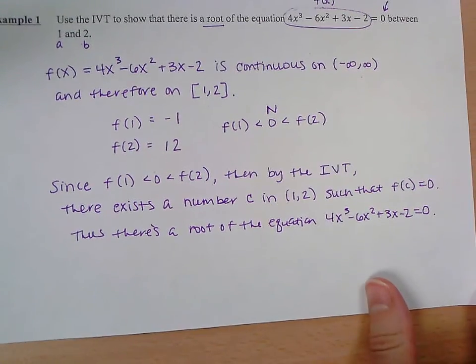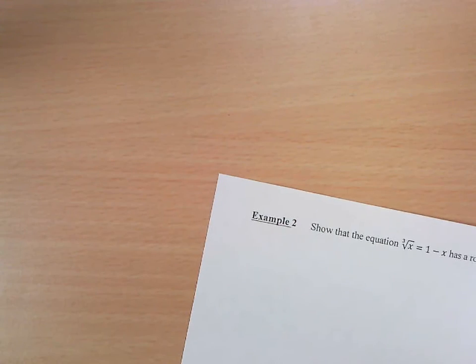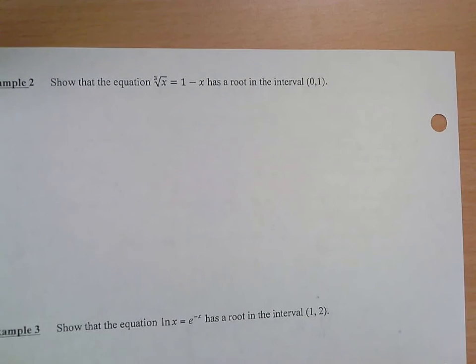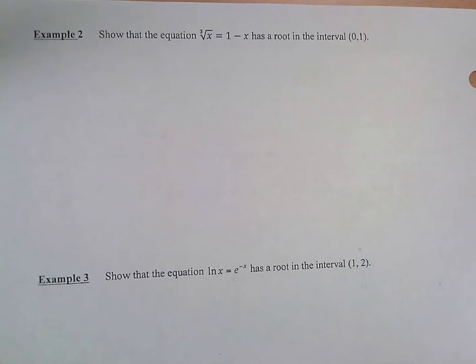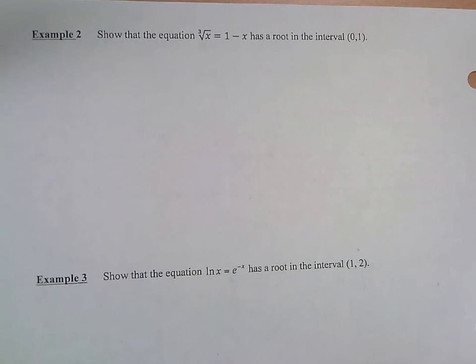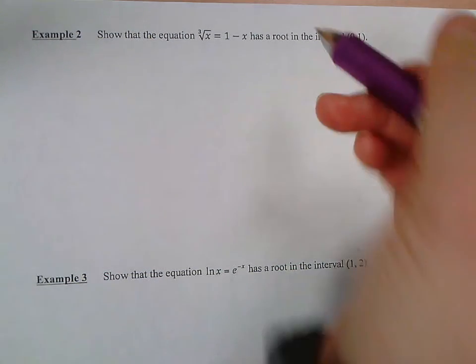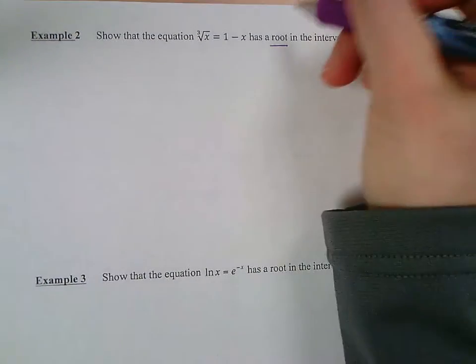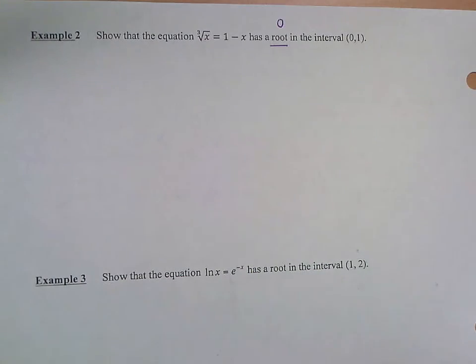I would like you to then do example 2. For this one, it says show that the equation cube root of x equals 1 minus x has a root. So what you're going to have to do first, anytime you're looking for a root, you are looking for the y value to be 0.